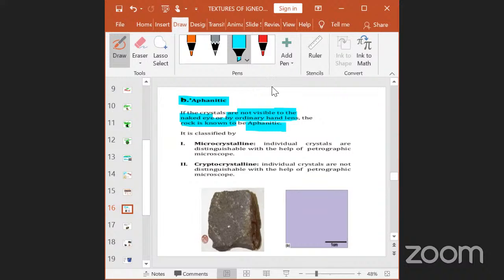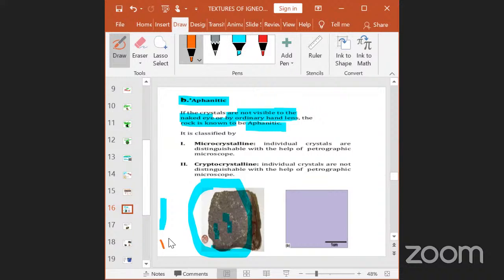So the entire rock is made up of small crystals, which are generally less than, I think, 1/2 mm in size, right? The texture results from rapid cooling in a volcanic or hypabyssal environment.